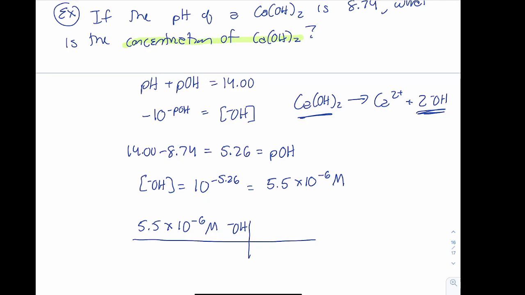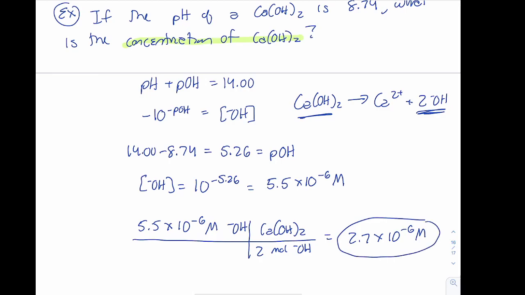Since hydroxide's on the top, 2 moles of OH is going to go on the bottom, and then calcium hydroxide goes on the top. So we'll just take that number and divide it by 2. 2.7 times 10 to the negative 6 molar. Again, watch units and significant digits.